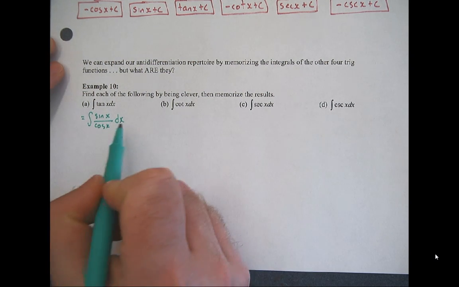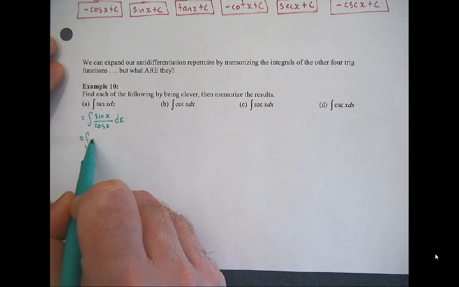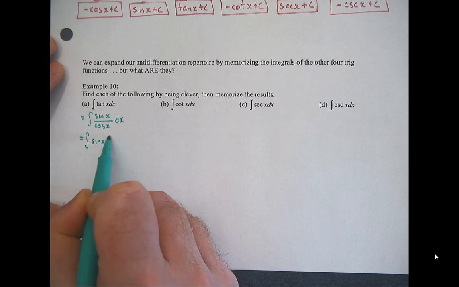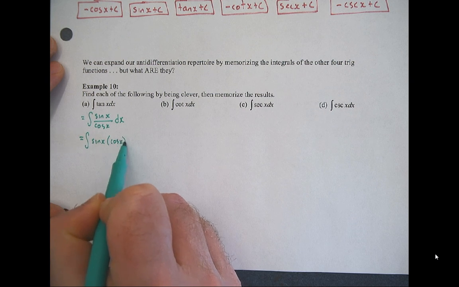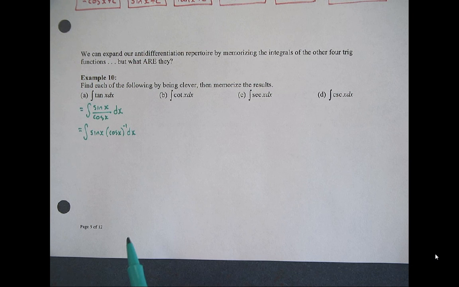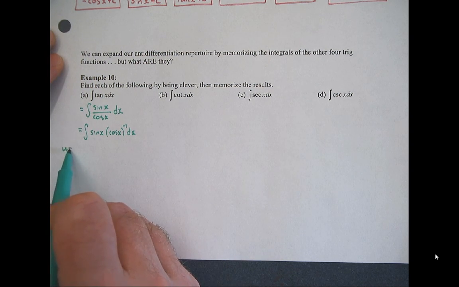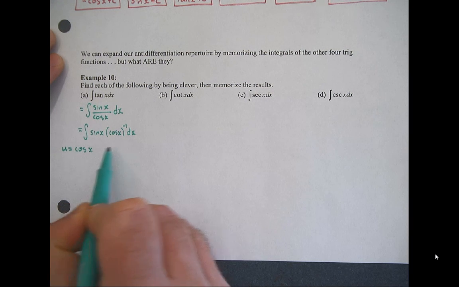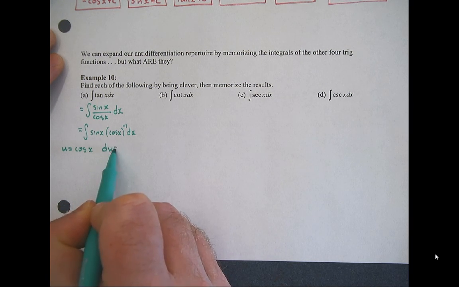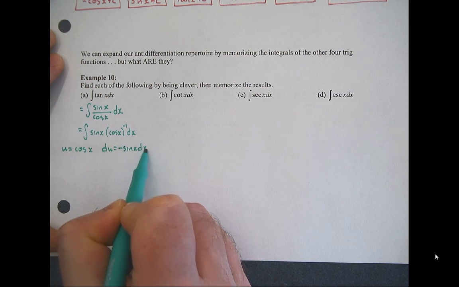So another way that you might want to think about some of these problems is to rewrite them. So this is the sine of x times the cosine of x to the negative 1 dx. Now it becomes a little bit more obvious who's inside. So my inside function is cosine. That means du would be the derivative of cosine, which is negative sine of x dx.